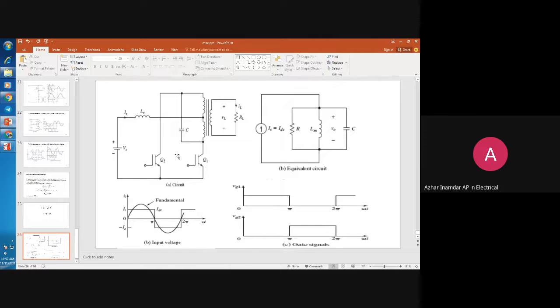So the capacitor discharges through Q2, the source and transformer primary, and it will charge in the opposite direction, with lower plate positive.